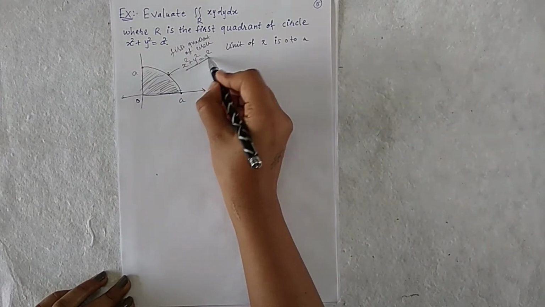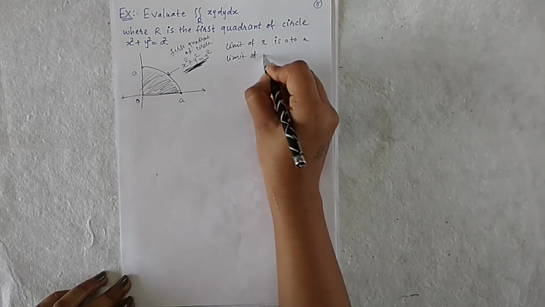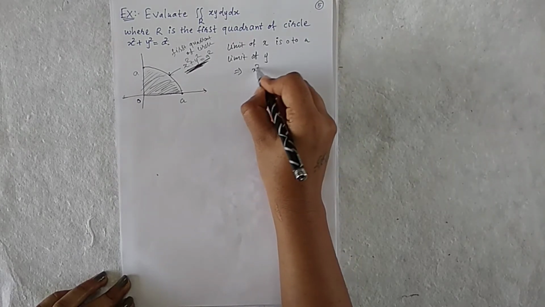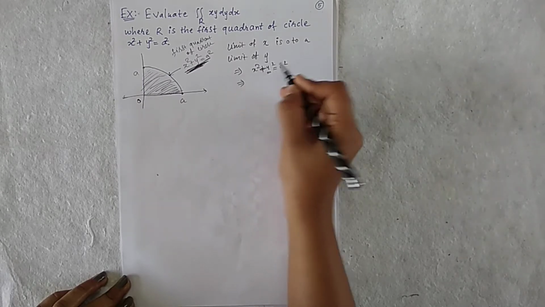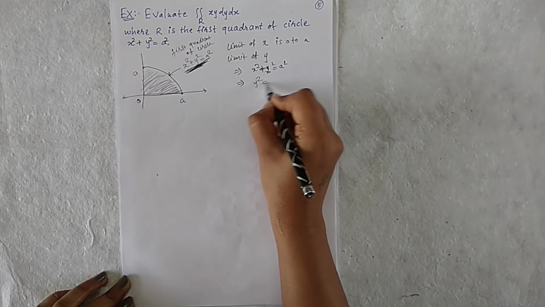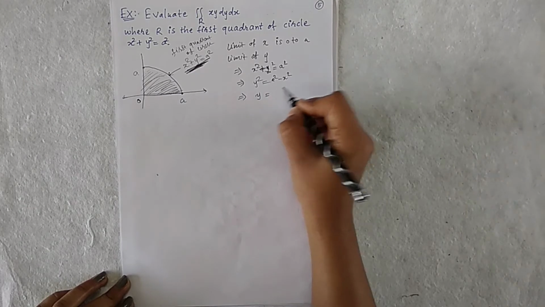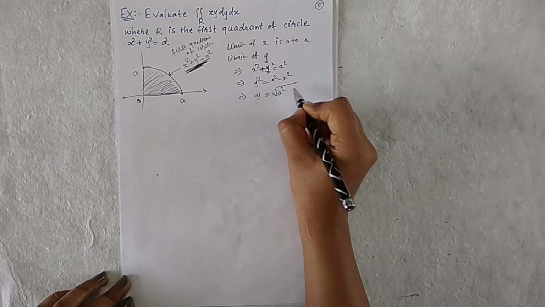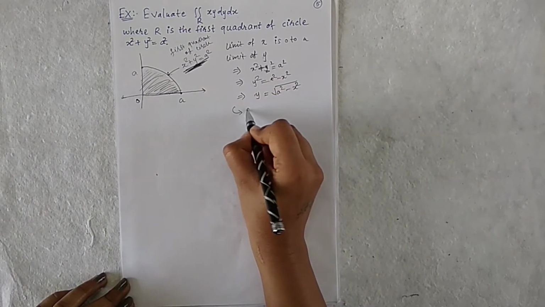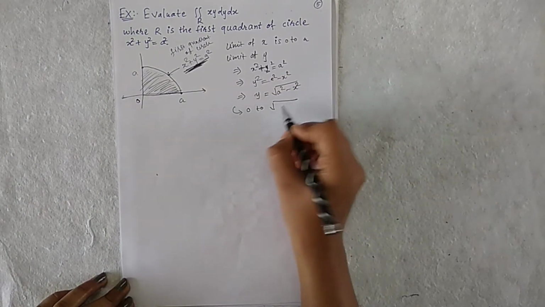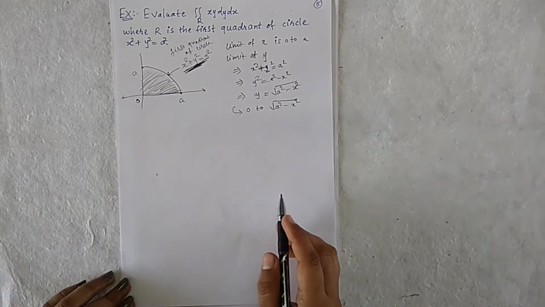To find the limit of y, from x square plus y square is equal to a square, y square is equal to a square minus x square, so y is equal to square root of a square minus x square. So the limit of y is 0 to square root of a square minus x square.